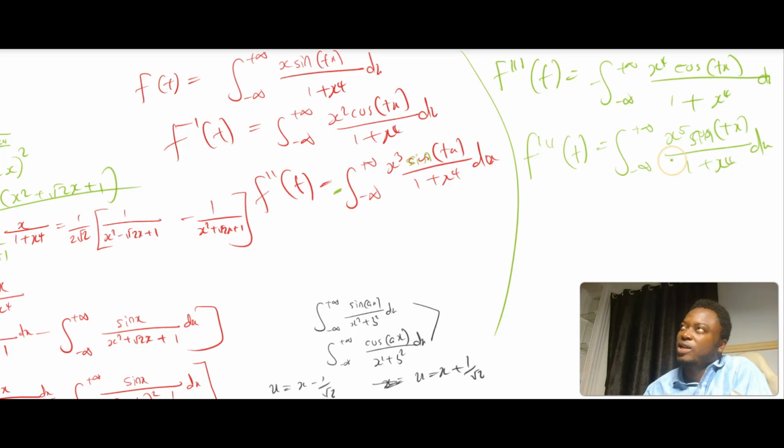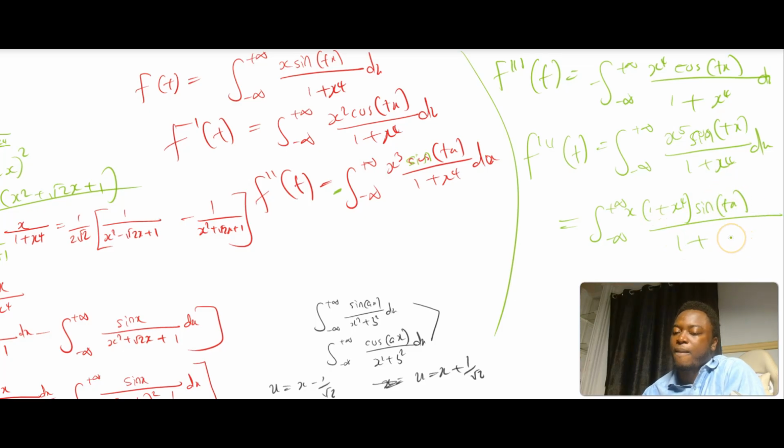So now we can take out an x and write the x to the fourth as 1 plus x to the fourth, minus 1. So you can write this as the integral from negative infinity to plus infinity of x times (1 plus x to the fourth minus 1) times sine of tx, all divided by 1 plus x to the fourth dx.